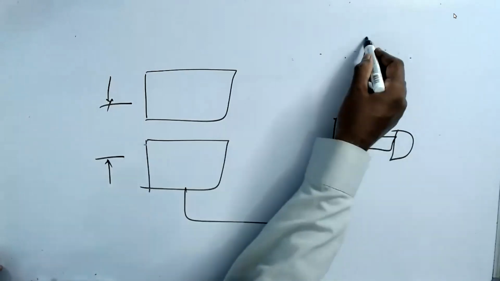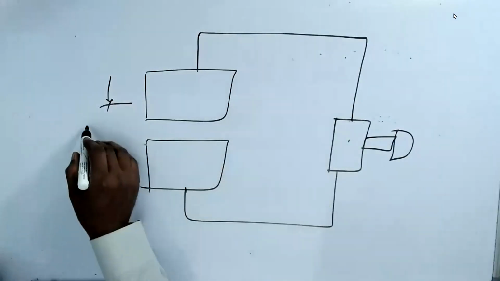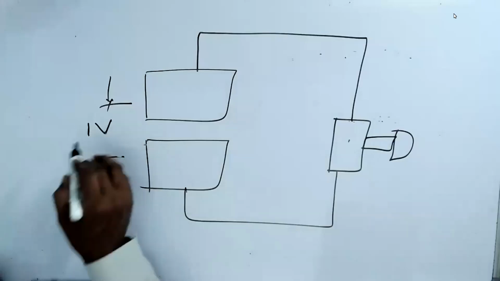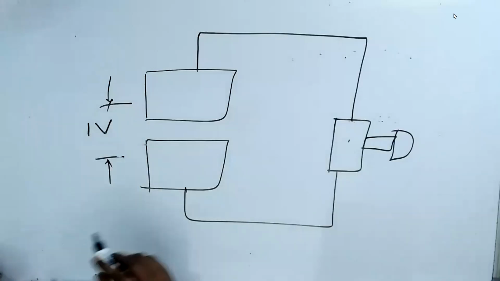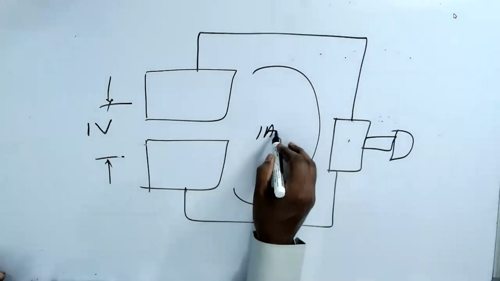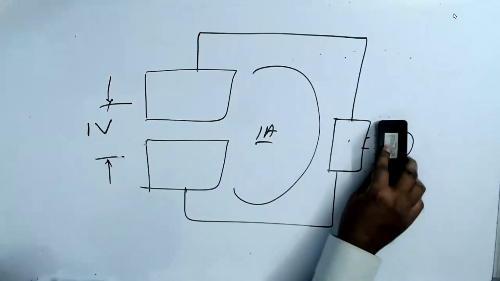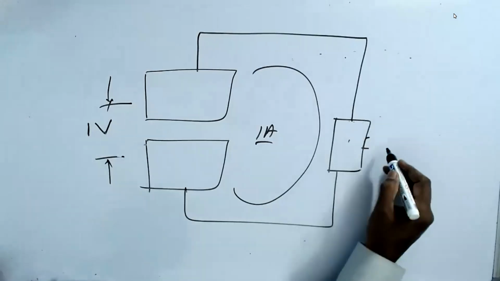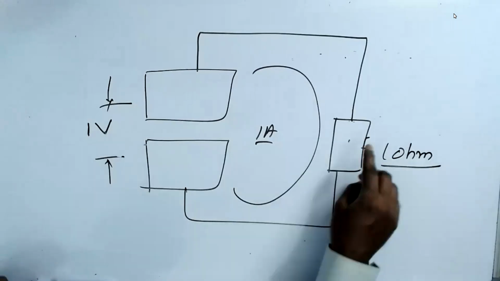They did a lot of research, and finally they came out like this: if the potential difference is 1 volt and the flow is 1 ampere, then this is called 1 ohm. Since Ohm is the one who invented this, they gave it his name.